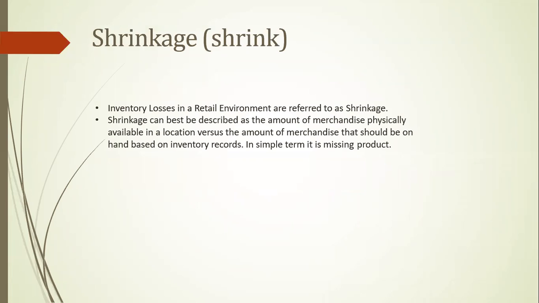Shrinkage: inventory losses in a retail environment are referred to as shrinkage. For example, if you're not taking care of your inventory system or warehouse well, and rats or any other insects come, that is again a loss. If you're not using standard practices like LIFO, last in first out, what happens?